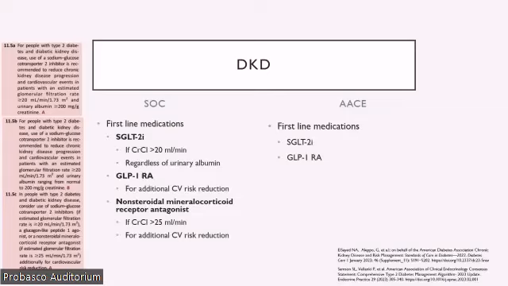So just knowing that you will keep them on for kidney benefit, but you will lose that glycemic effect. And then there is a new medication that is now in the standards of care with the update in January. It is a nonsteroidal mineralocorticoid receptor antagonist, or finerenone, and we'll talk more about it in a minute.